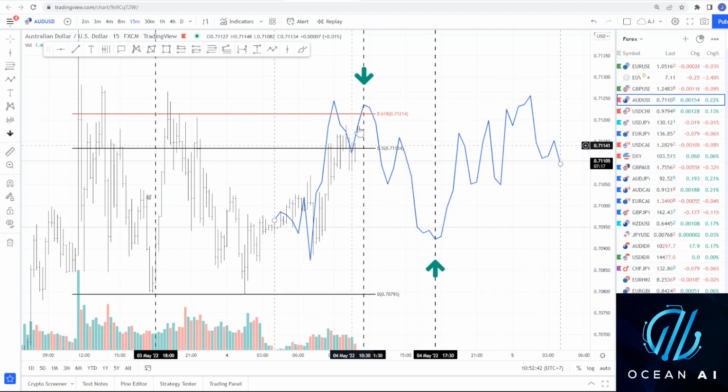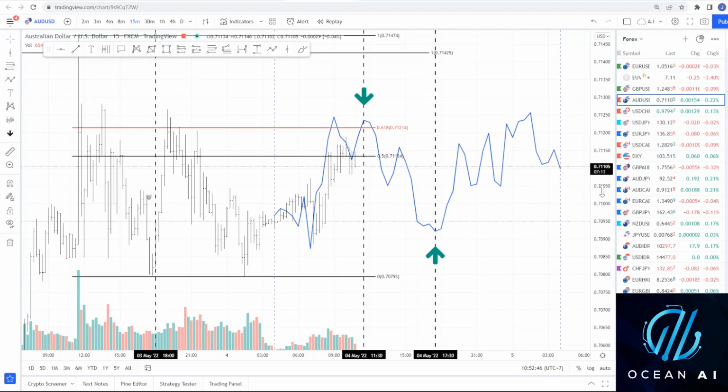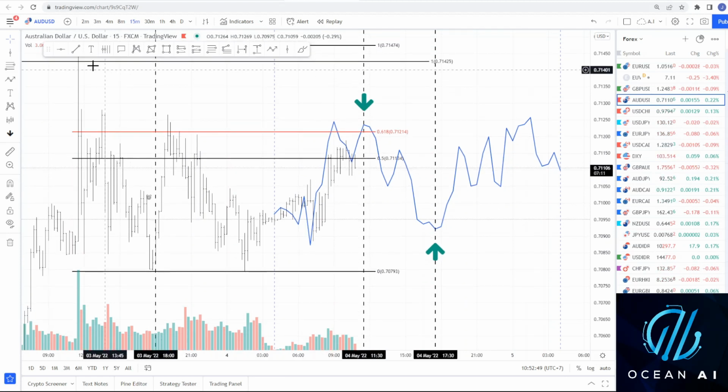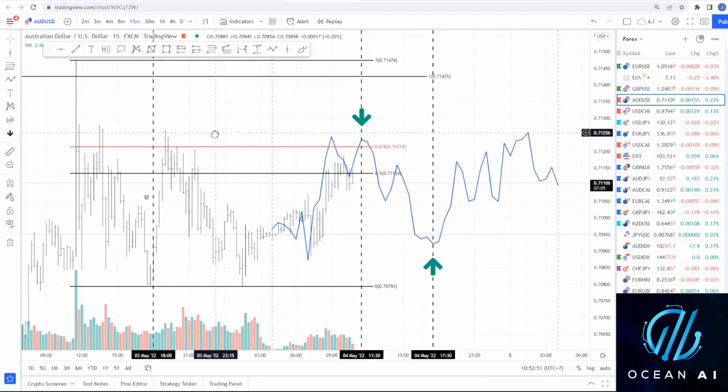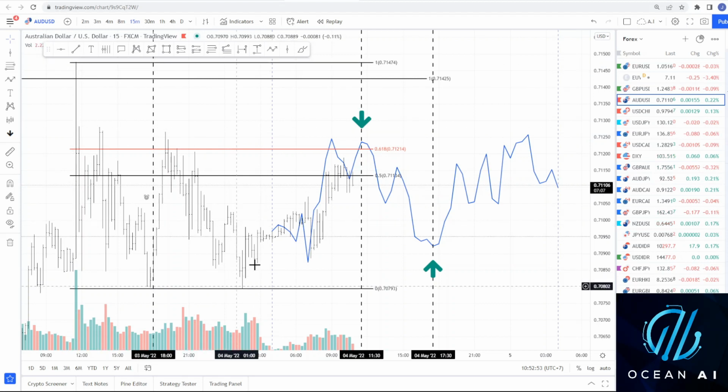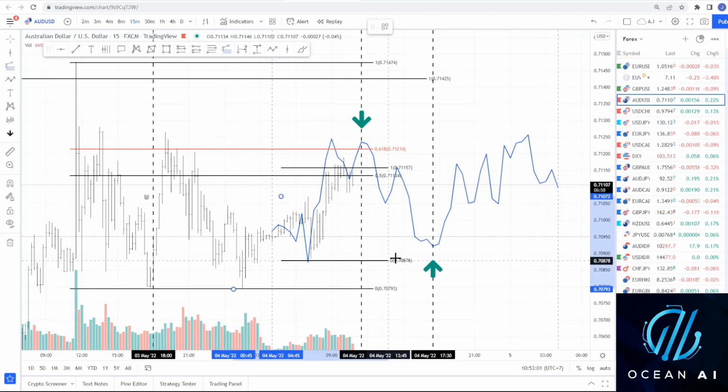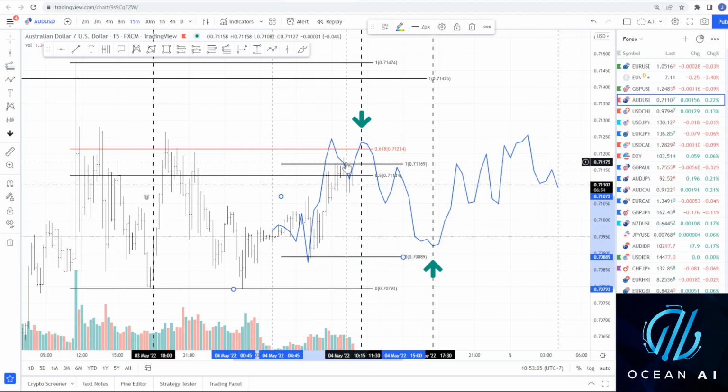Same thing there. If we get this move up here into the 61%, so from this high down to here, move into that 50 to 60% range. We also have this ABCD here, which has just completed.